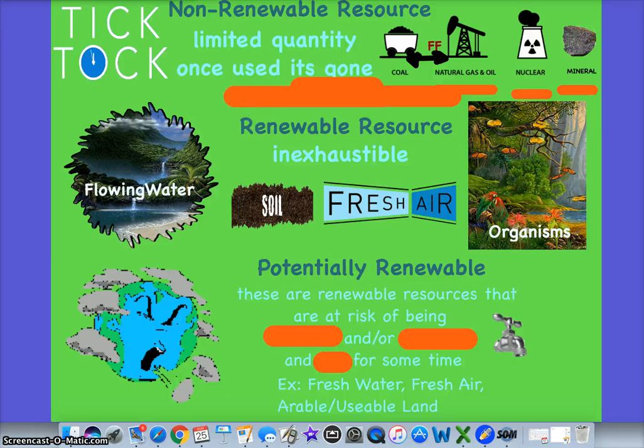They never run out. Now, something I want to say about non-renewable: non-renewable resources can replenish over time. It just takes a long time for them to come back, like diamonds. So any mineral, what you have to know is if you use it, it's gone, right?